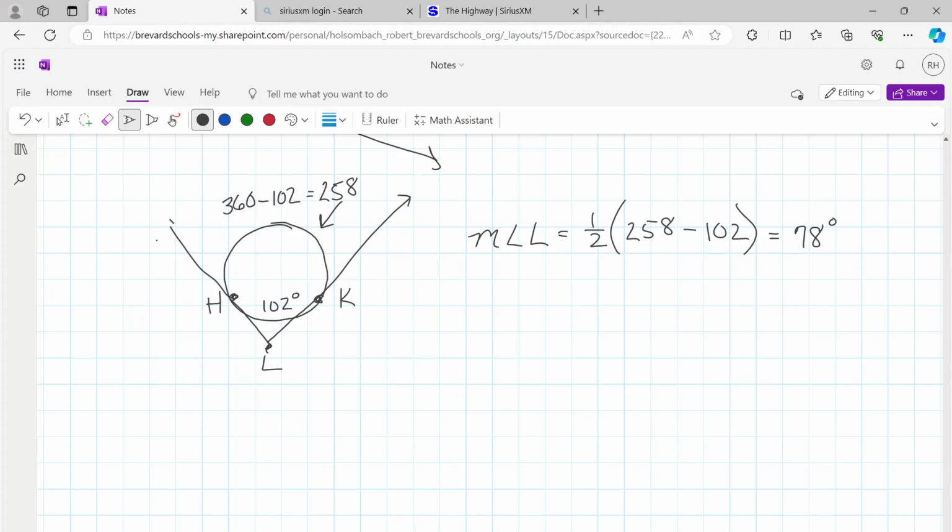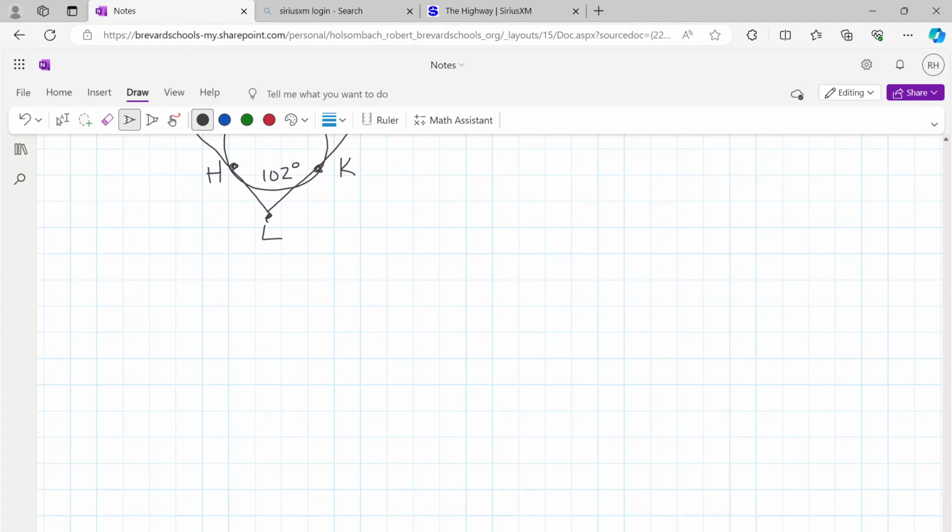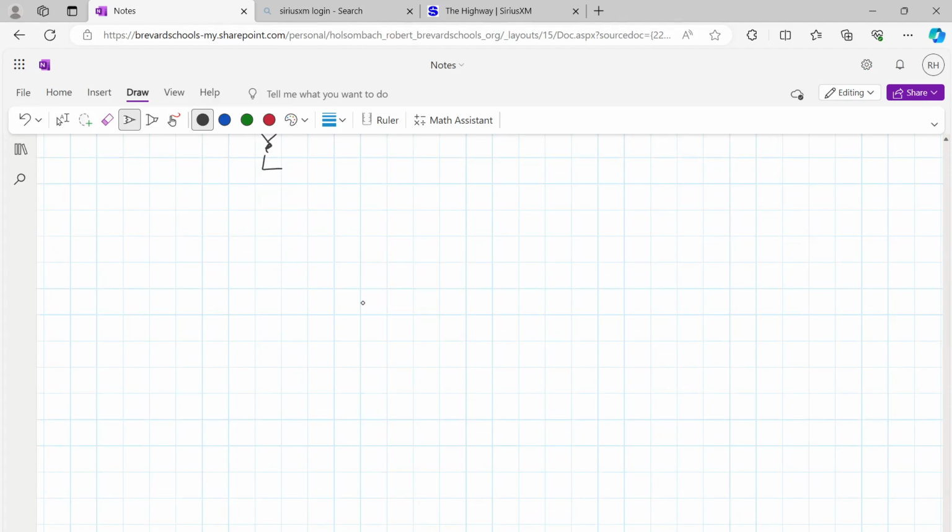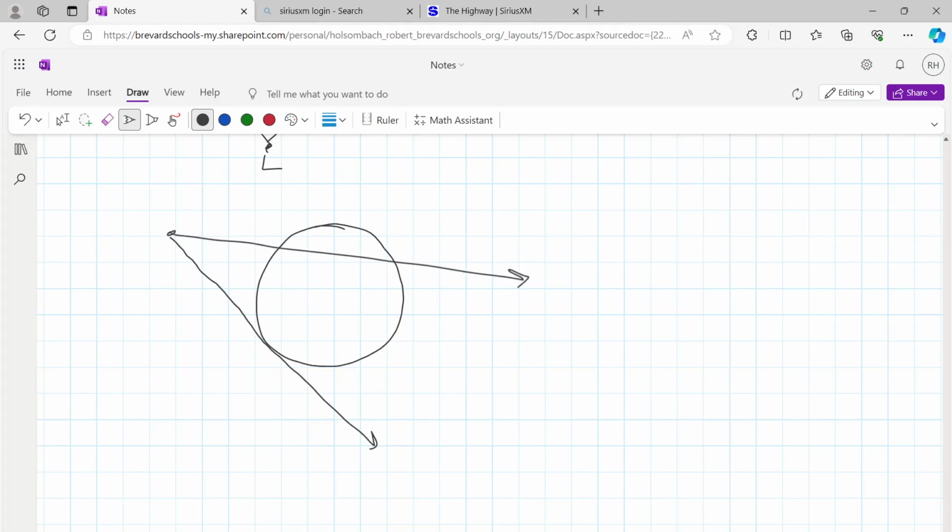Let's take a look at example B right there. Now, be careful on that one. We got a circle and a tangent. Secant.